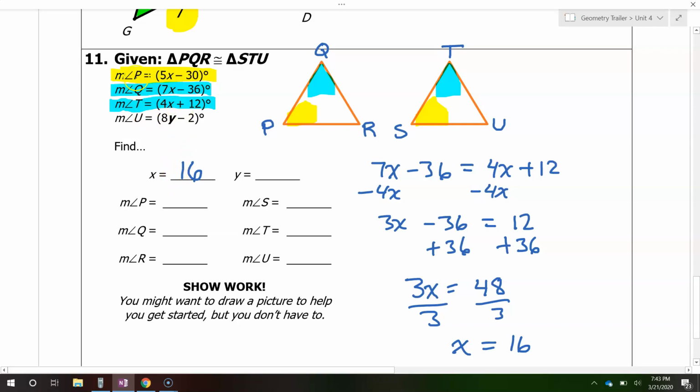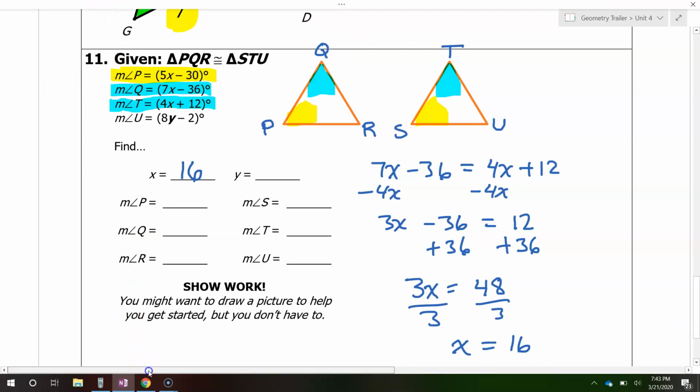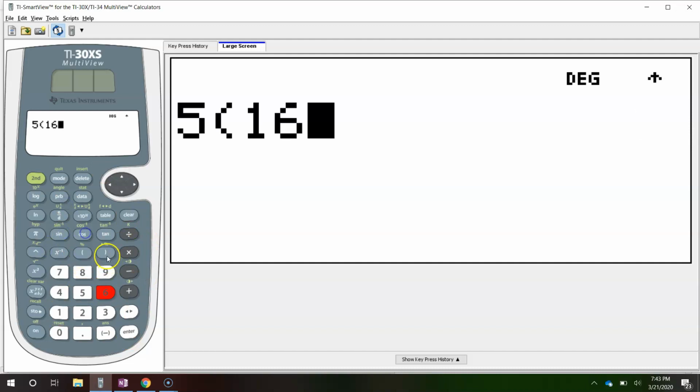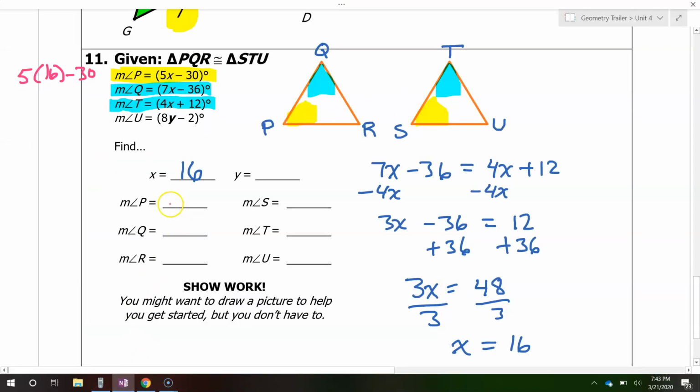So for example, if I want to find angle P, then I can just do that off to the side. 5x minus 30 becomes 5 times 16 minus 30. And that's 50. So angle P is 50.